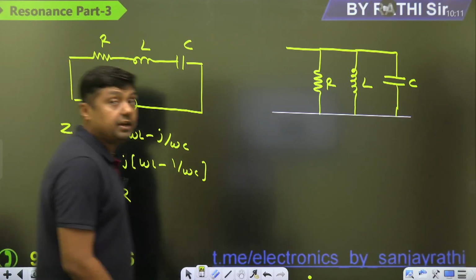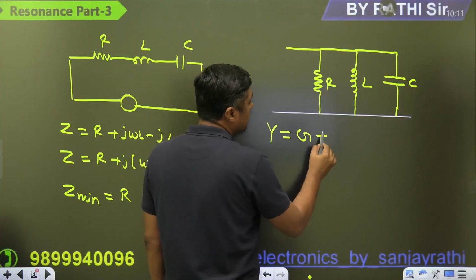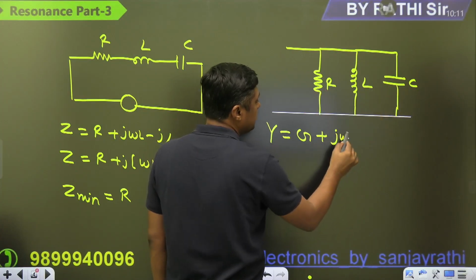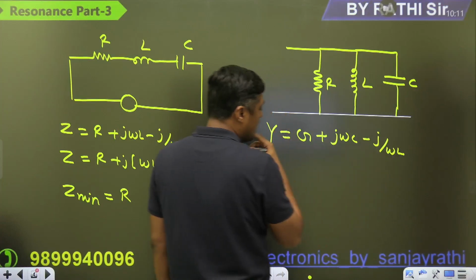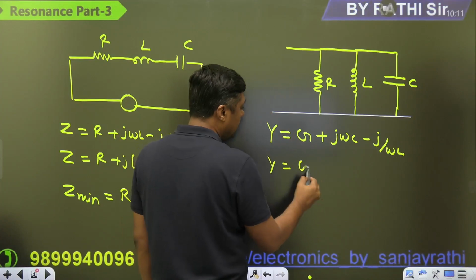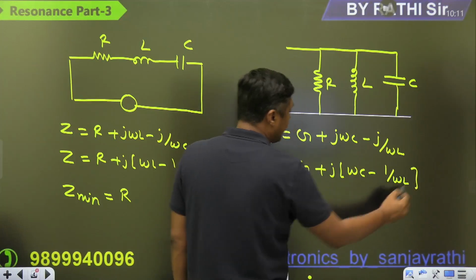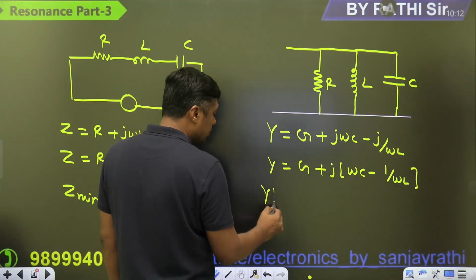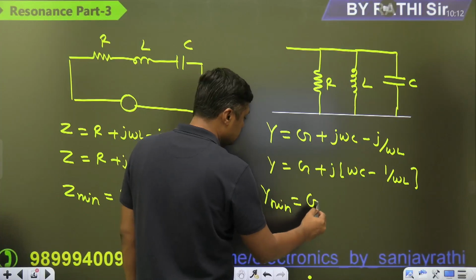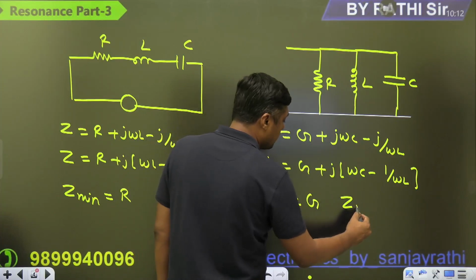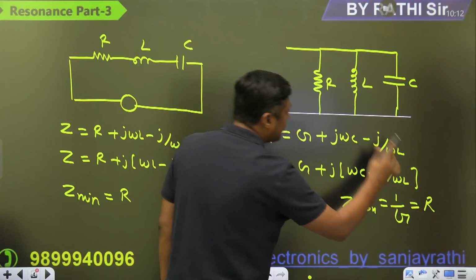But here we are finding the admittance, that is 1 by R is G. Because of that, it is j omega C, that is the YC, and that is the YL. And that's why when we are making the imaginary part 0, you will get the minimum admittance and therefore maximum impedance. So Z is maximum. That is 1 by G, that is nothing but R, but this is maximum.